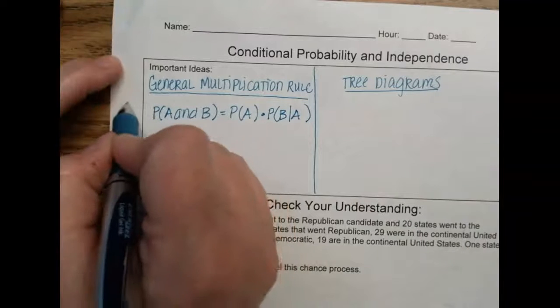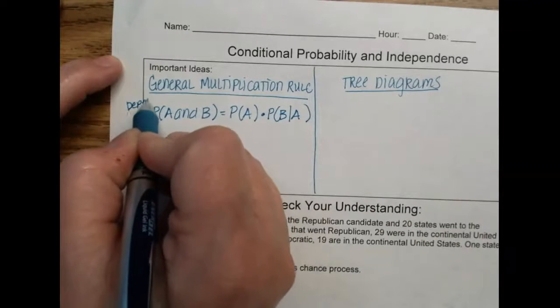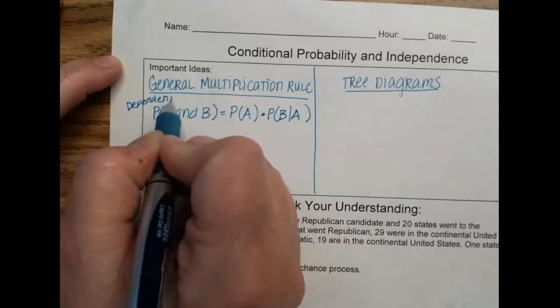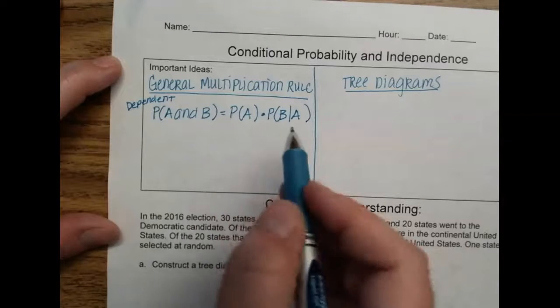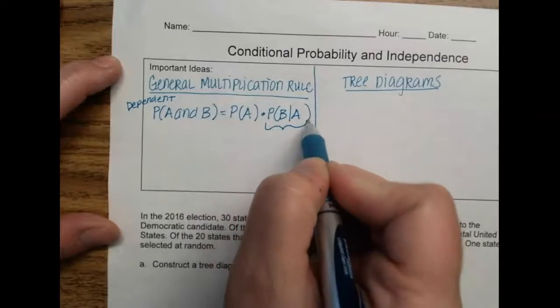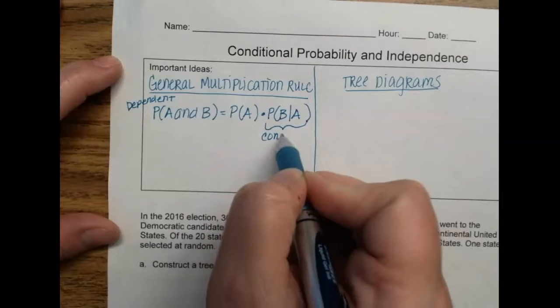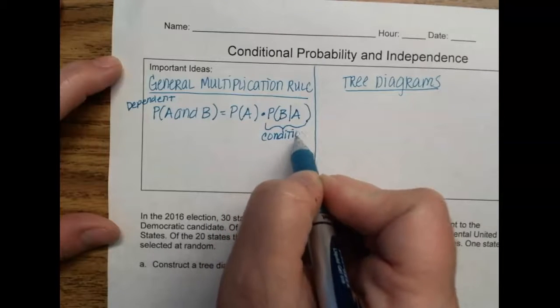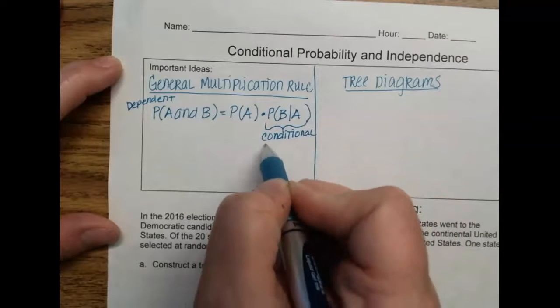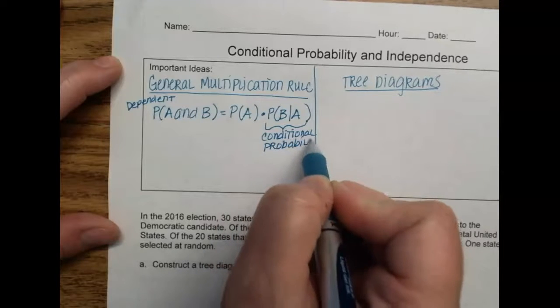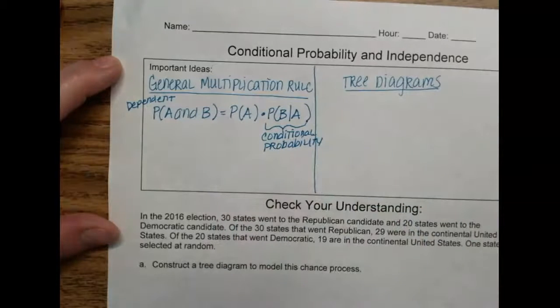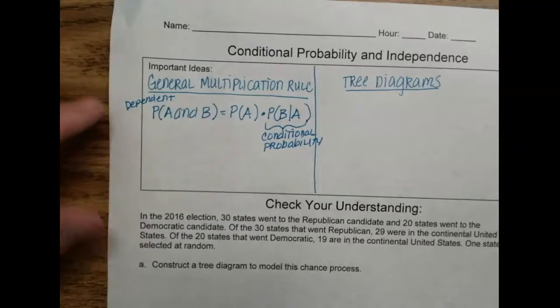So this is for dependent situations. And that's what we just did along the arms of the tree diagram. Okay, this was our conditional probability. All right, so that's our dependent.